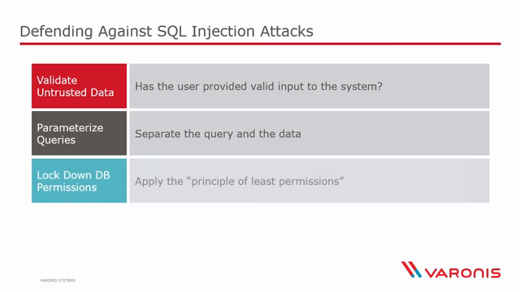Another one that's frequently overlooked is locking down the database. So let's say an attacker does manage to find a SQL injection risk in the application. Because the attack is predicated on the app talking to the database, the scope of damage that the attacker can do is entirely limited to what the account the web application is using can actually do in the database.